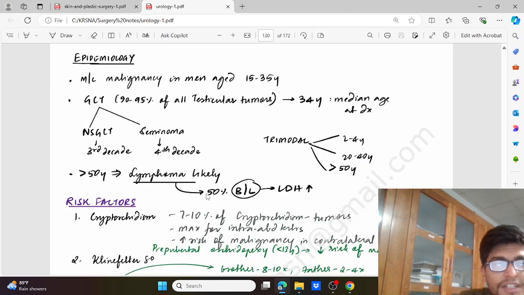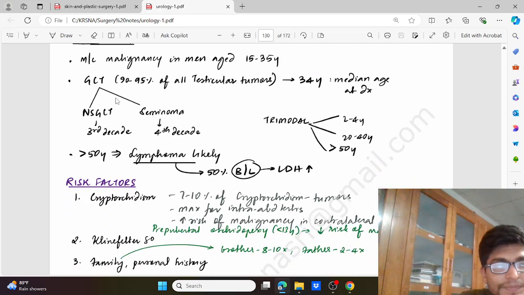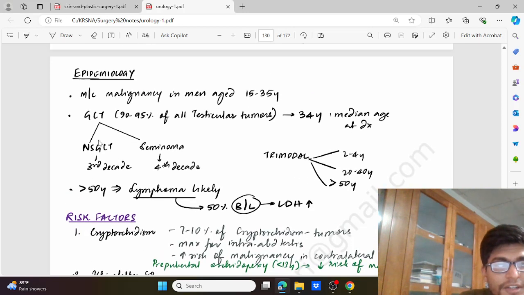Now the epidemiology. It is the most common malignancy in men of the 15 to 35 years age group, and germ cell tumors are the most common tumors, accounting for 90 to 95% of tumors, and 35 is the median age of diagnosis. Non-seminomatous germ cell tumors occur in the third decade and seminomatous in the fourth decade.